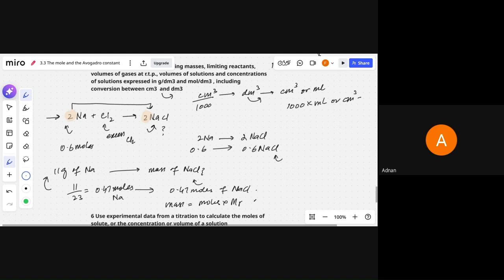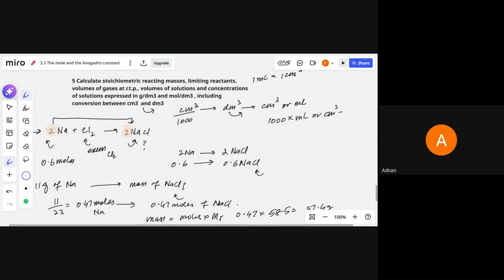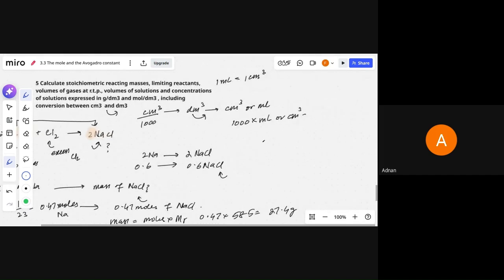So this is going to be 0.47 times 58.5, which is 27.4 grams. This is how we interconvert these values.